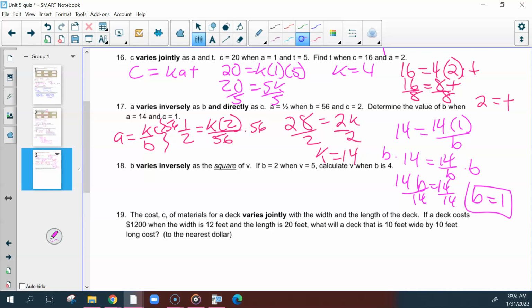So that one was actually 6 points, making sure that you set it up correctly, having the inversely and the directly. And then everything else is the same. Questions on that one?